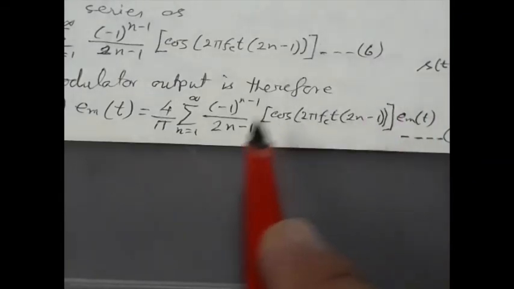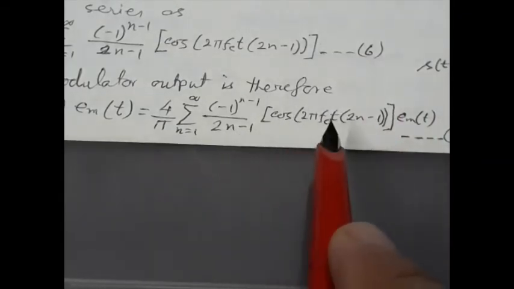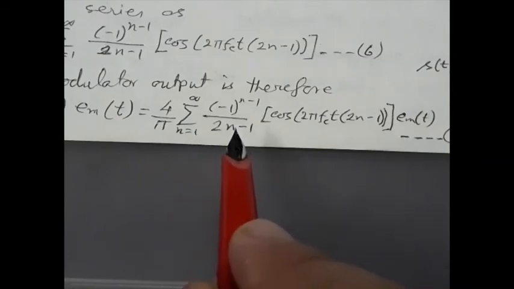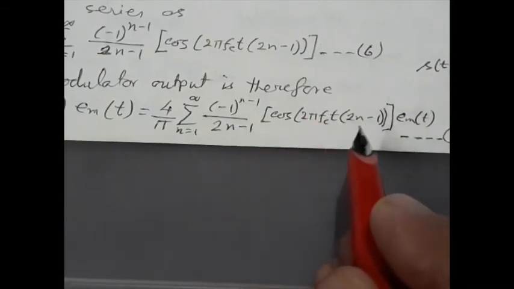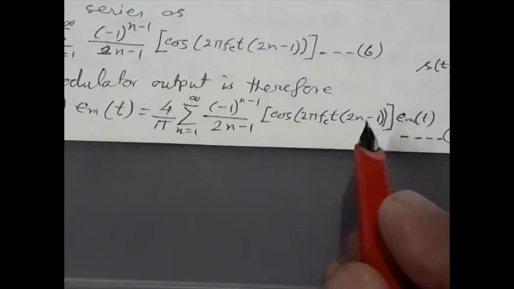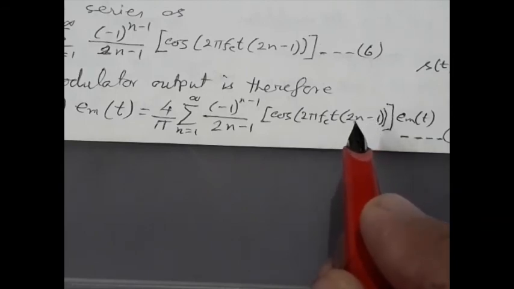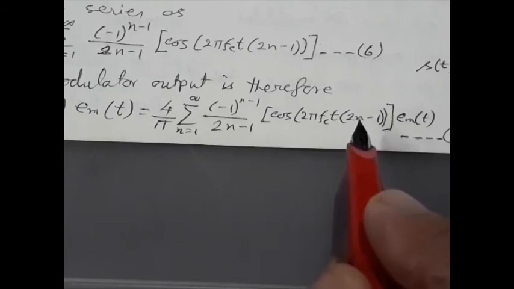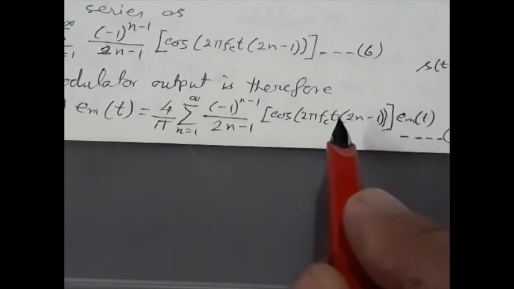Putting different values of n, we will get different components. First put n equal to 1. Then it becomes 2 into 1 minus 1, which means fc.